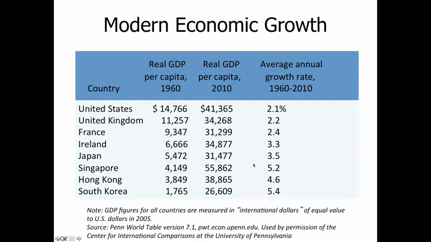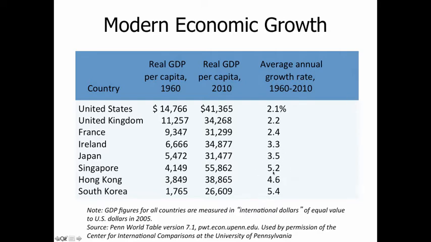But some of the smaller nations at the time, look at their real GDP per capita back in 1960. South Korea, $1,765. Hong Kong, almost 4,000. Singapore, 4,000. Japan again, 5,000. They have grown at higher rates over that 50-year period.